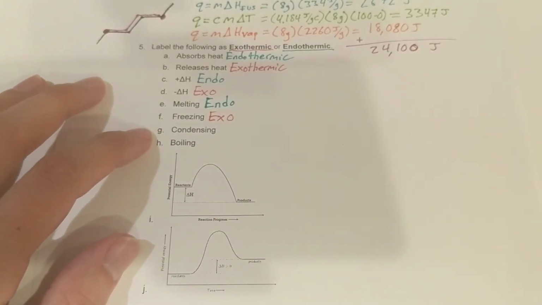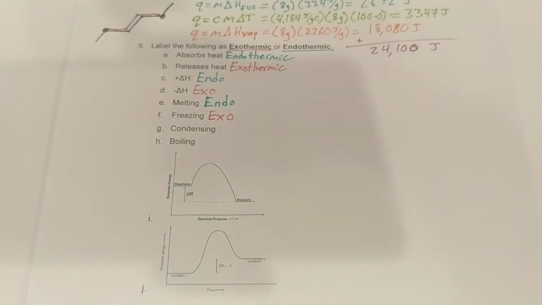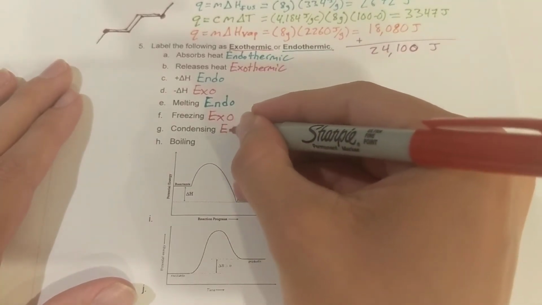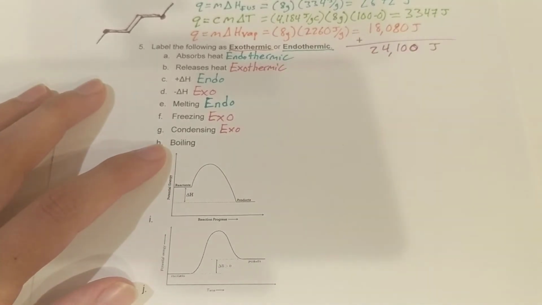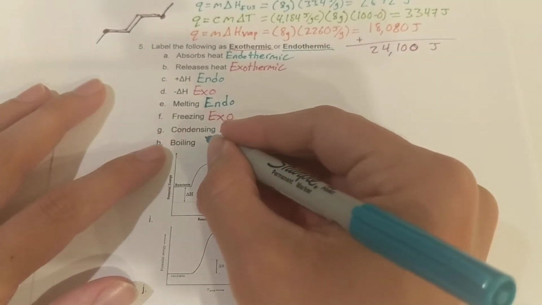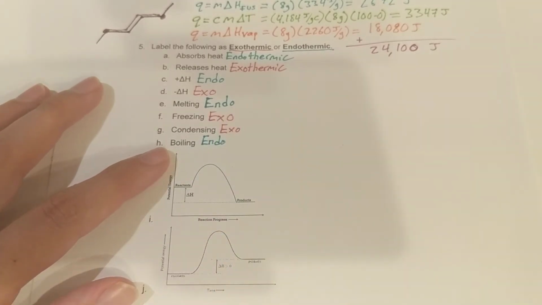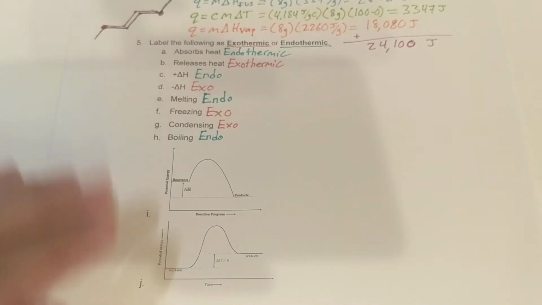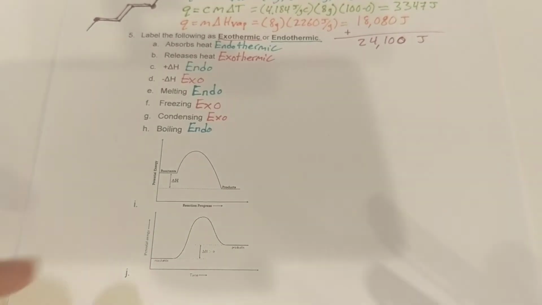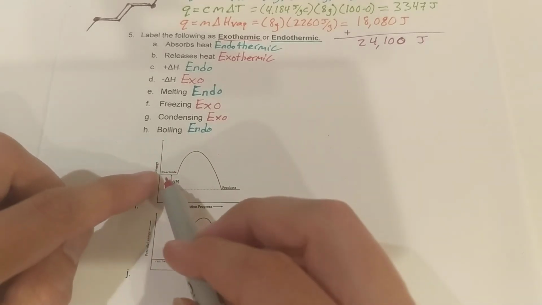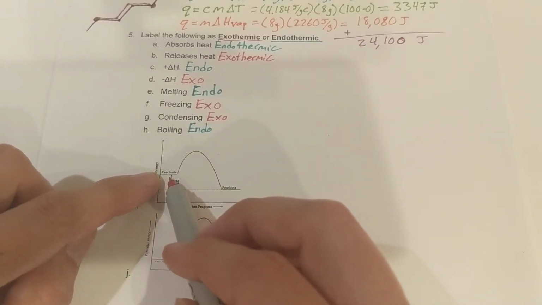For condensing, we would be going from a gas down to a liquid, releasing heat. That'll be exothermic. And boiling, or any type of evaporation, needs to absorb a lot of heat to go from a liquid to a gas. And that would be very endothermic. And then we also need to be able to tell these apart by looking at potential energy diagrams. So we got to think, on the left is the energy we start with in our reactants.